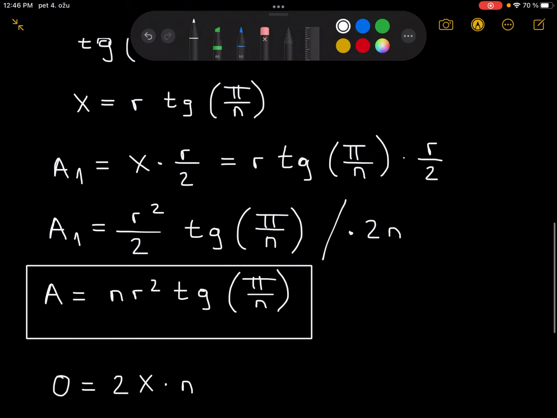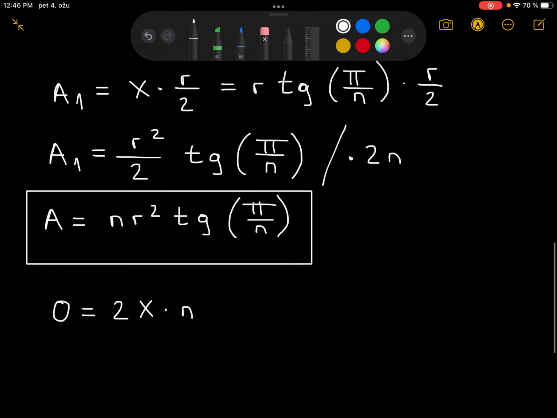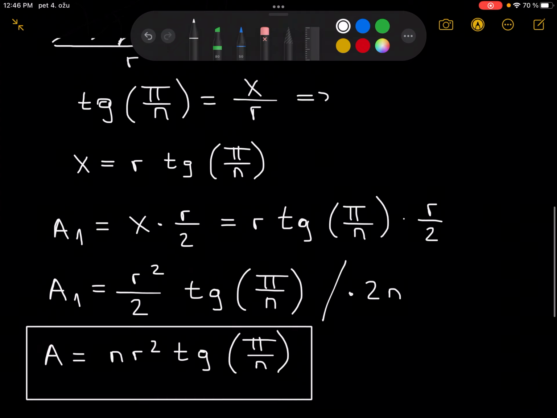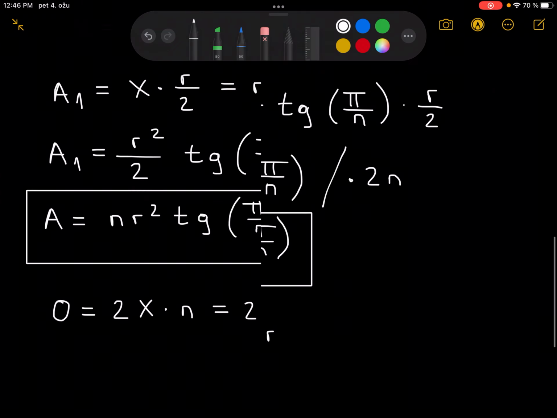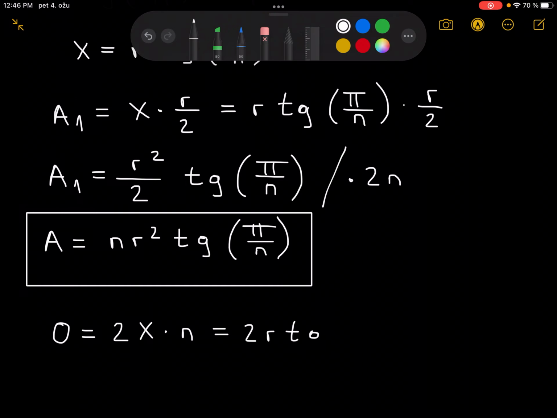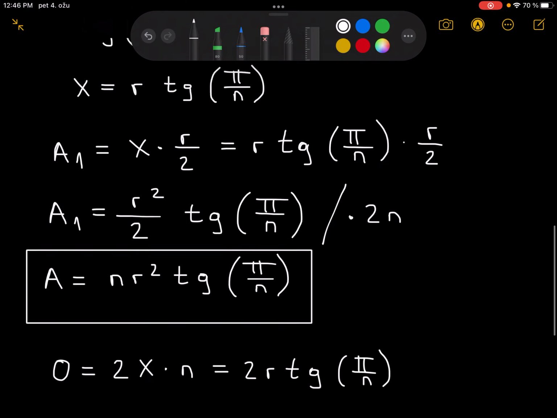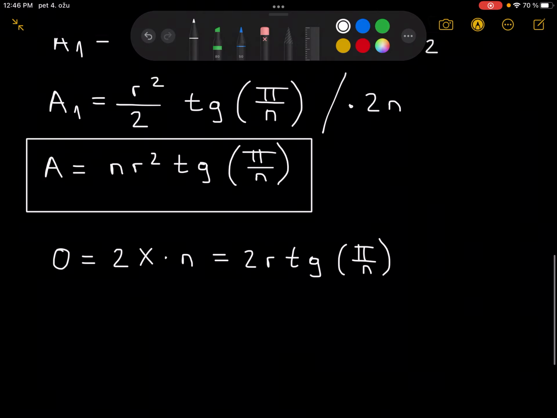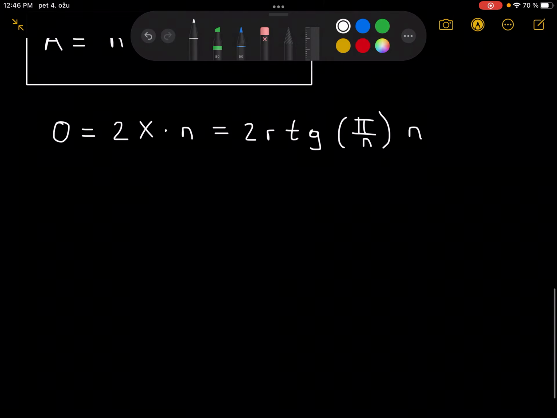And since we know that x is equal to r times the tangent of pi over n, we get that 2 times r times the tangent of pi over n, times n, is equal to the circumference.